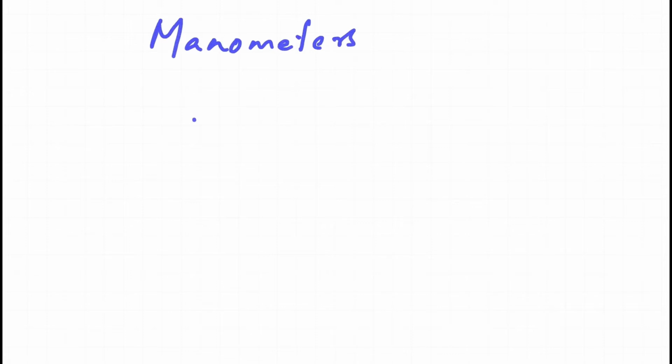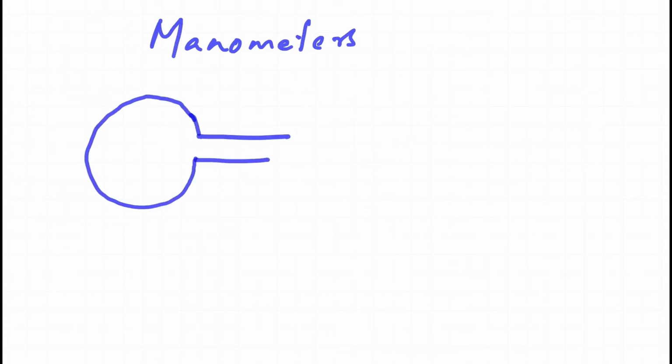It depends on the arrangement of the manometer how we create the relation, but fundamentally that is based on the pressure head that we discussed just in the beginning of this video.